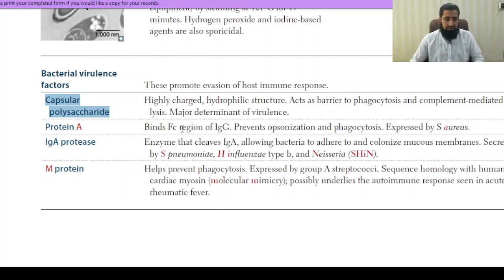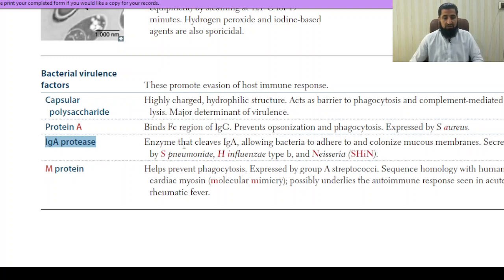Protein A binds to the Fc region of IgG, immunoglobulin G. By blocking the Fc portion, it prevents opsonization, and the bacteria will be unable to be phagocytosed. Protein A is expressed by Staph aureus.